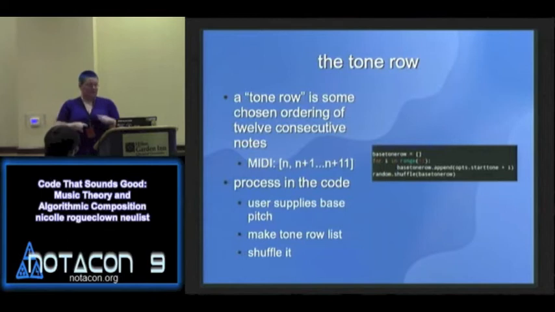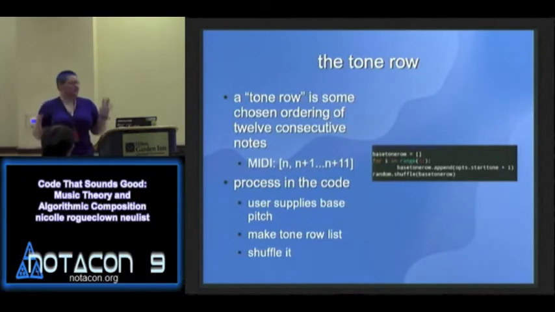And then it shuffles it into some kind of random order with the random.shuffle method. And that's really all it is. That's all you need to create a tone row. It's going to come back with some arbitrary list, some arbitrary ordering of the notes between what's specified by the user and 11 half steps above that, 11 MIDI tones above that.